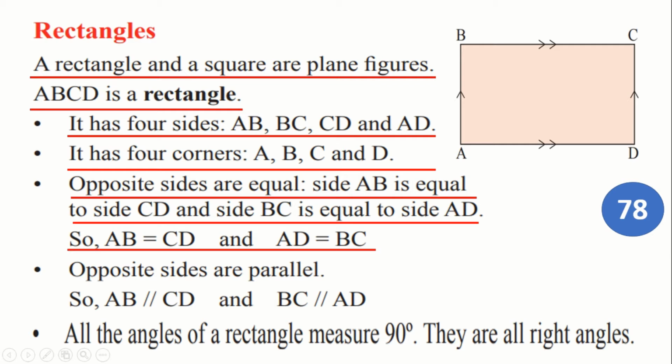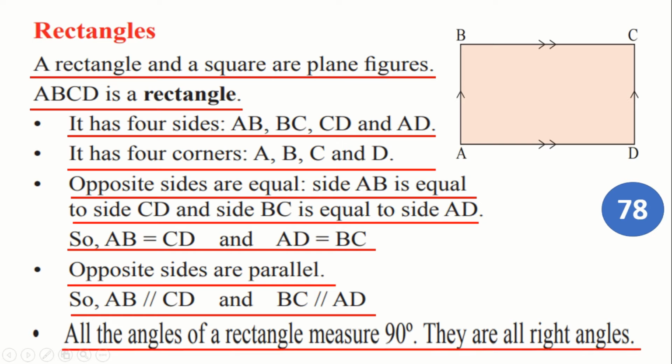So AB is equal to CD, the left side and the other side, they're equal, and then the top and the bottom, AD and BC, they are the same for rectangles. Opposite sides are parallel. They are parallel with the other side. So AB is parallel to CD, and BC is parallel to AD.